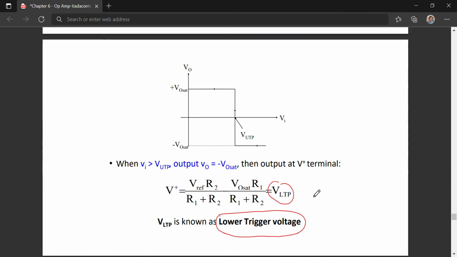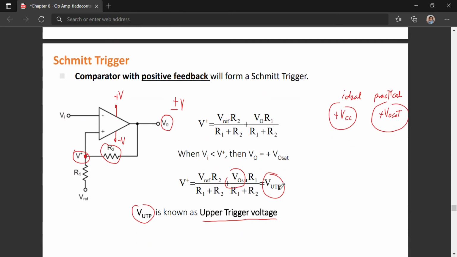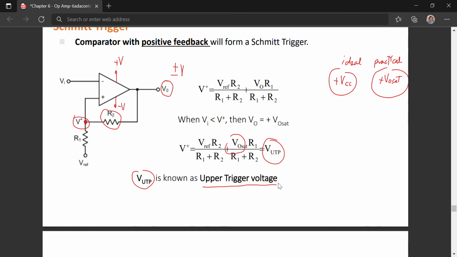Okay, so if you want to find the VLTP value, you put VO sat as a negative value, a negative output value, Vout negative. So you have negative VCC and negative VO sat.